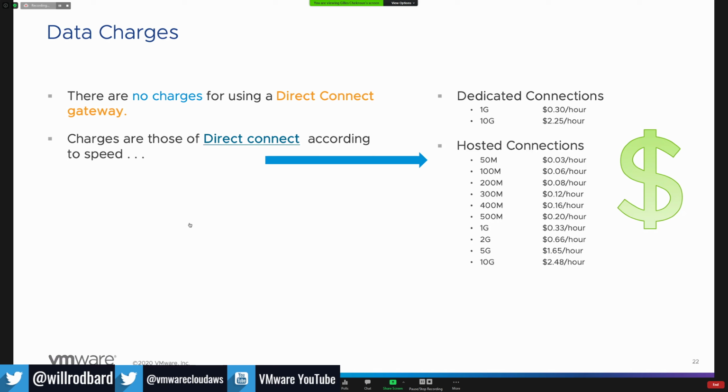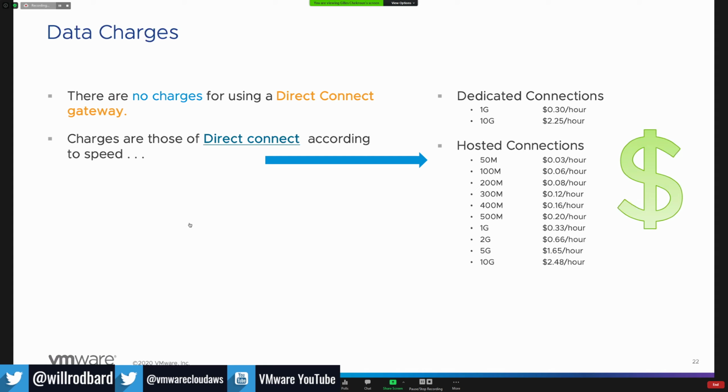If you have a partner hosted connection, it goes from 50 meg to 10 gig, and those are the prices. The prices are per hour, per port, the way that you connect. If I have a 1 gig connection, it's like a port on the AWS router, then I pay 30 cents per hour on that port. This is important.